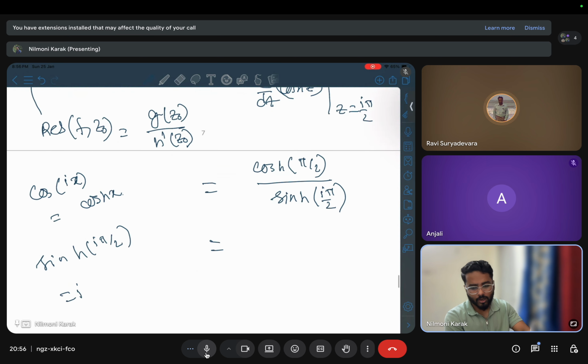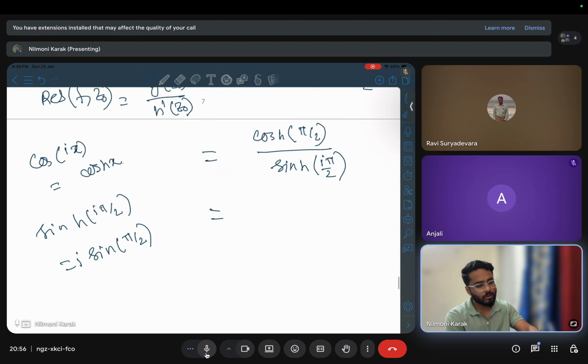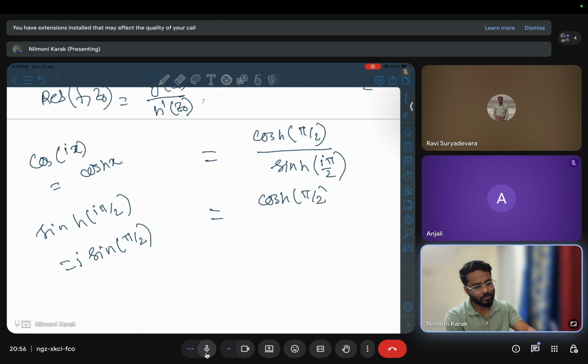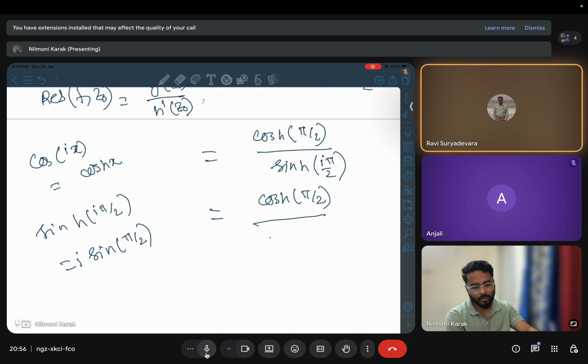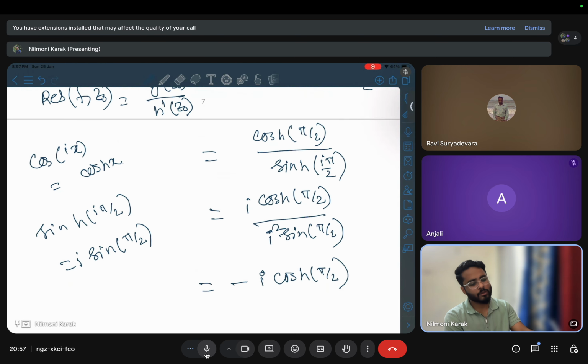In terms of exponentials you can write it, in case of doubt. So this is i times sine pi by 2. So i and i, so i square, this is minus, so minus i cos hyperbolic pi by 2. So this is the answer.